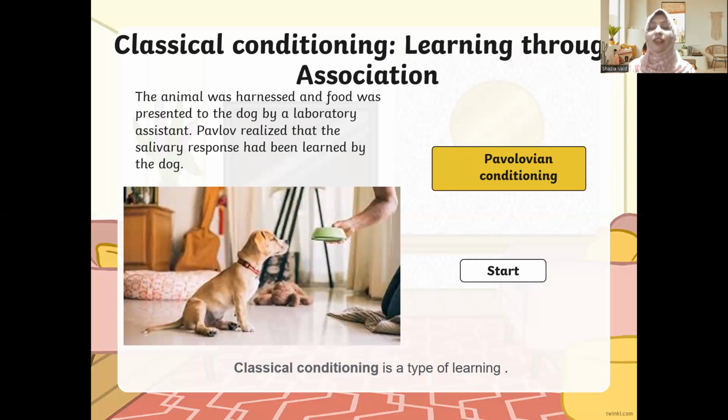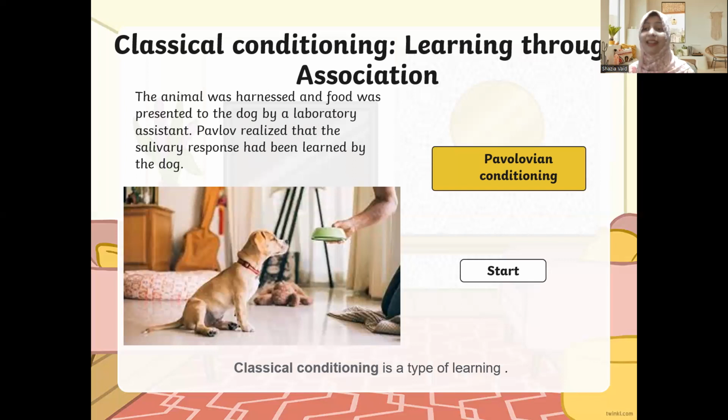There was a series of trials which he did with the dog. Whenever the dog was presented with the food, just before that, he would ring a bell or blow a whistle. And after many trials, the dog learned to associate the whistle with the food.